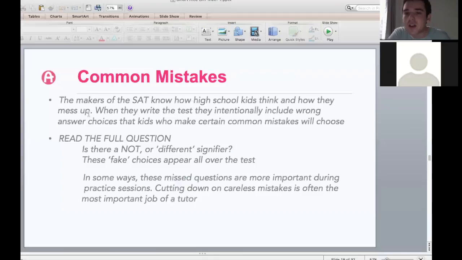And again, these are the questions that are, I think, most important to really focus on, because these are questions where the kid knows it and the kid shouldn't be missing it, and there's no excuse. Now, don't be abrasive about that, but really make it a point to stress that these are easy points.